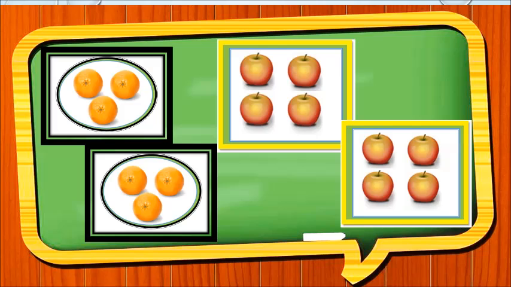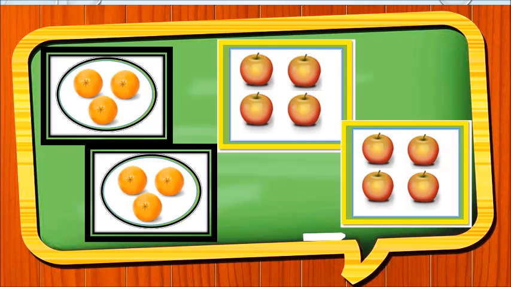In each group, how many oranges? 1, 2, 3. All in all, 1, 2, 3, 4, 5, 6. So we have 6 oranges in 2 groups, and 8 apples in 2 groups.